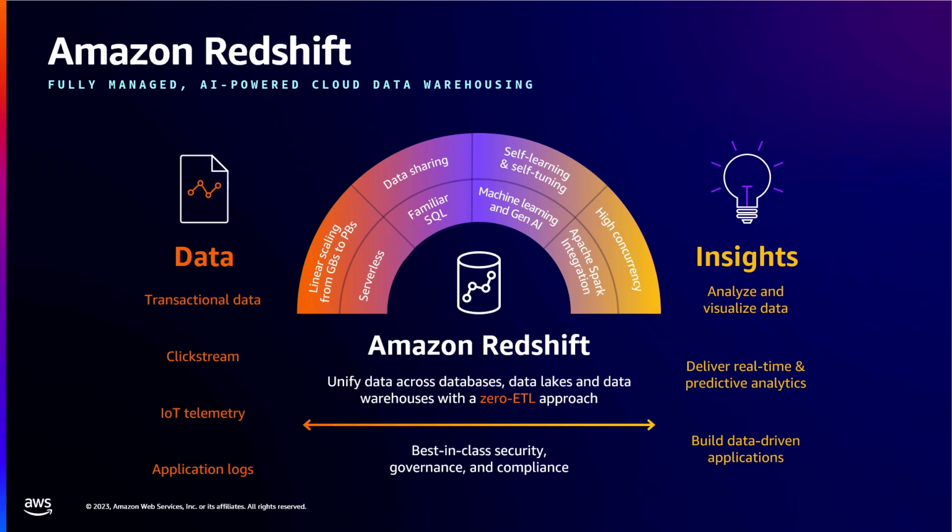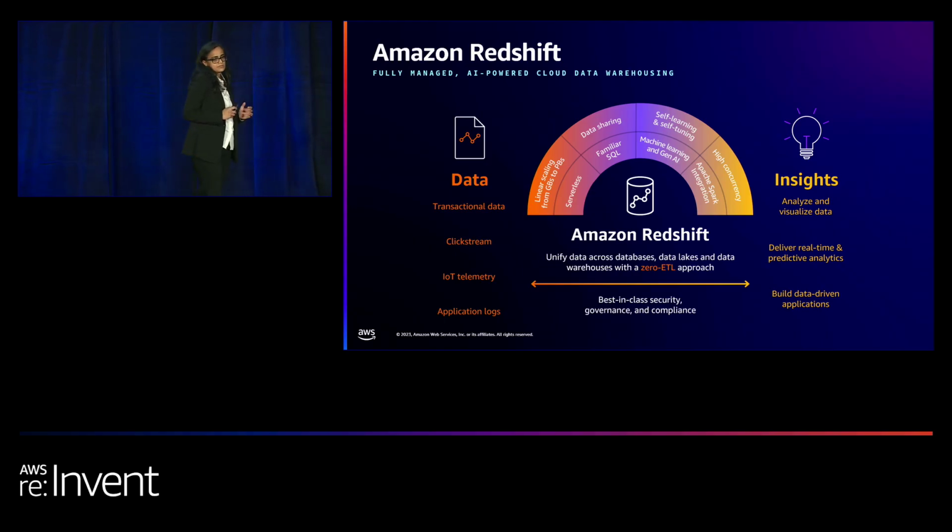Redshift is purpose-built for analytics. In 2013, AWS introduced Redshift as the first fully managed cloud data warehouse that makes it easy to analyze large amounts of data using familiar tools. This was a significant leap, as traditional data warehouses were not elastic, they were expensive, and they were much harder to tune and operate.